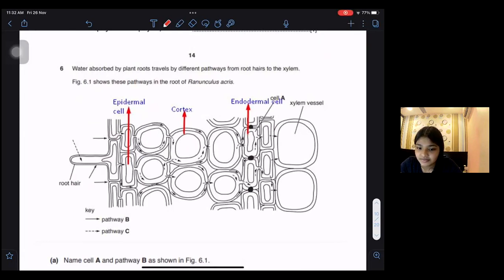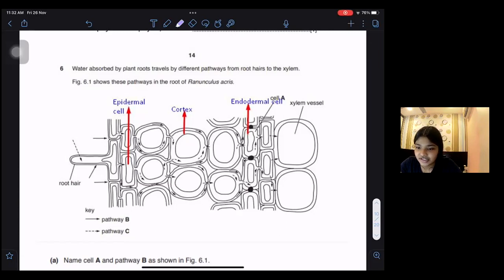The solid line represents pathway B, which, as you can see in the diagram, only passes through the spaces in the cellulose cell walls, while pathway C, the dotted line, passes through the cytoplasm and then between cells through the plasmodesmata.